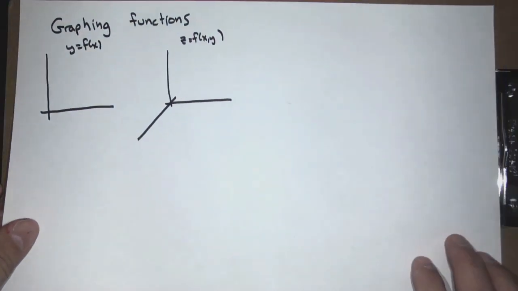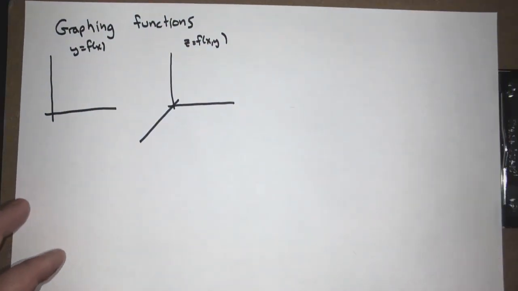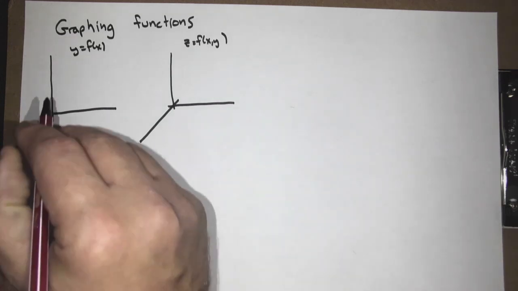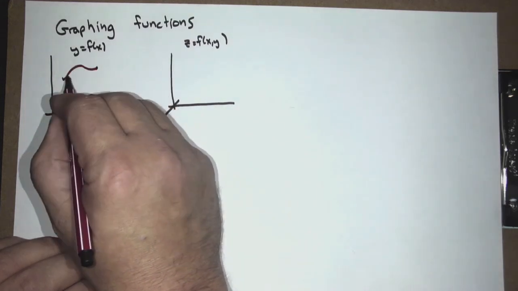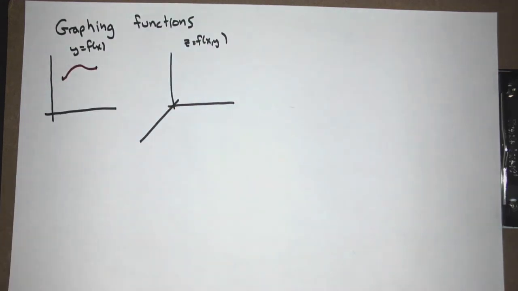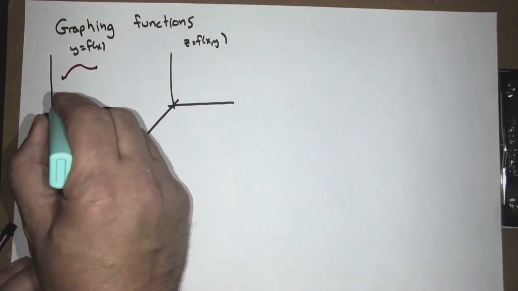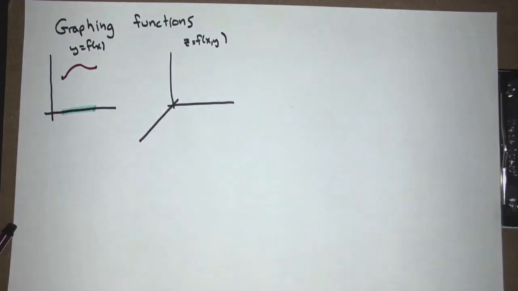So we need to talk for a little bit about how we understand functions, and for that, probably a quick reminder of graphing functions. So we have a pretty good idea of how to graph y equals f of x. We've been working with these functions for quite a while. So somewhere downstairs, this is our domain.